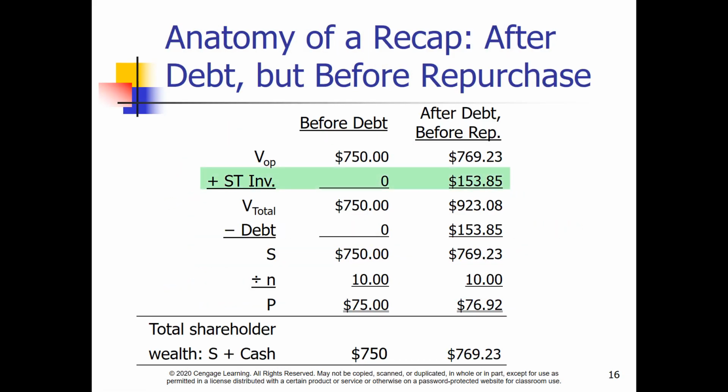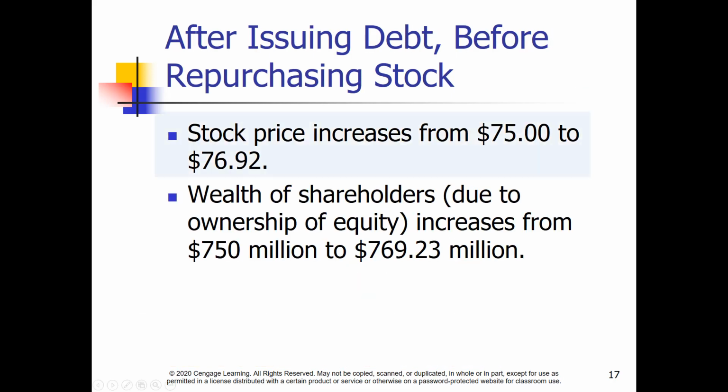Short-term investments and debt are now equal. Note that the stock price increases from 75 to 76.92. The wealth of shareholders due to ownership of equity increases from $750 million to $769.23. Repeating, the stock price increases from 75 to 76.92, and the wealth of shareholders increases.